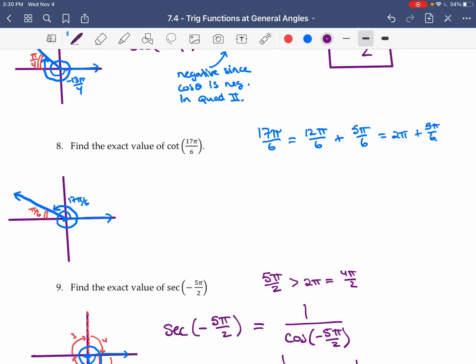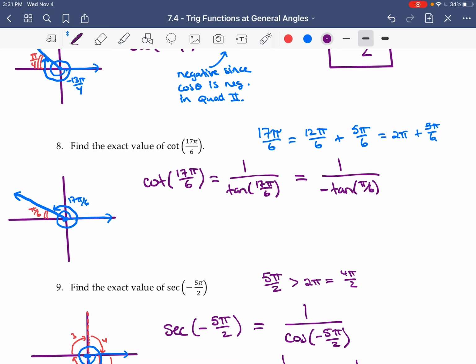Okay, so maybe I'm going to write that. So cotan of 17 pi by 6 is 1 over tan of 17 pi by 6. Okay, you don't need that, but so I know that in quadrant 2, tan is negative. Okay, so this is going to be negative tan of the reference angle, which is pi by 6.